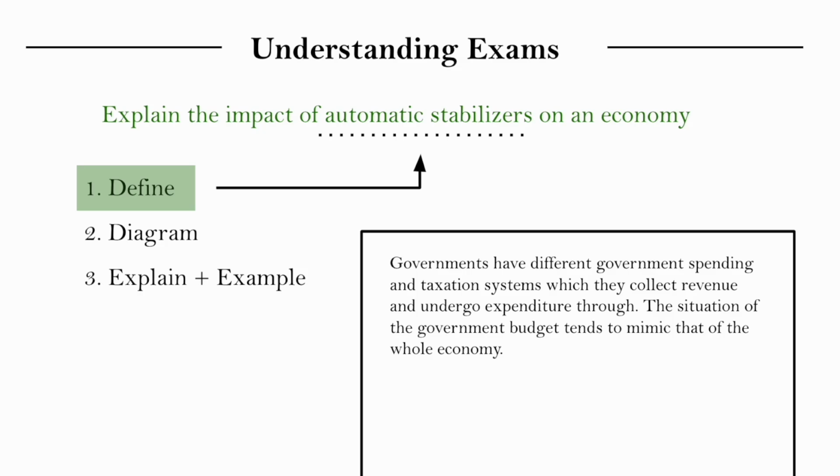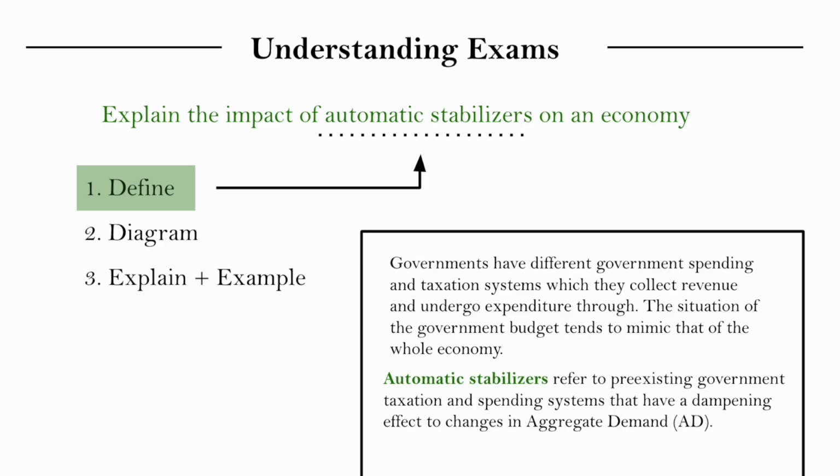Now, you might feel like that came out of nowhere, but this would be something similar to how your textbook started out introducing automatic stabilizers. And then we're going to have the definition. Automatic stabilizers refer to pre-existing government taxation and spending systems that have a dampening effect on changes in aggregate demand.